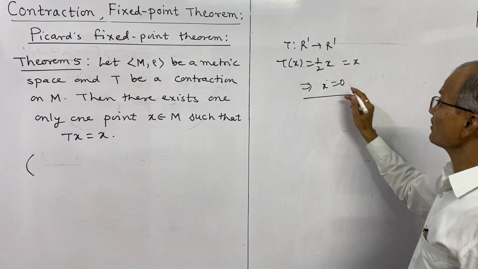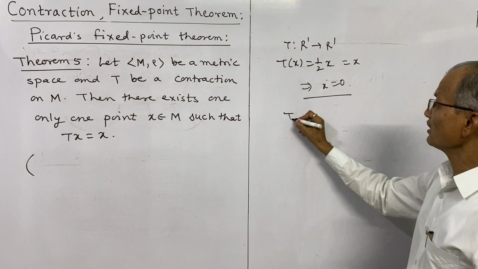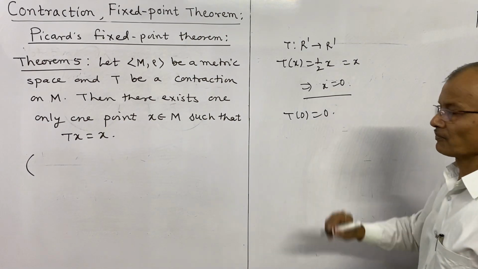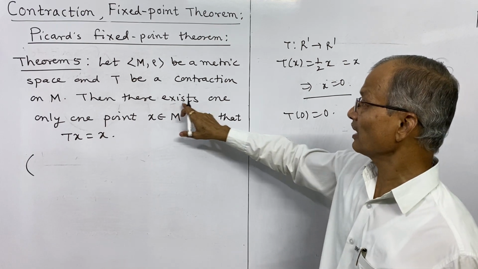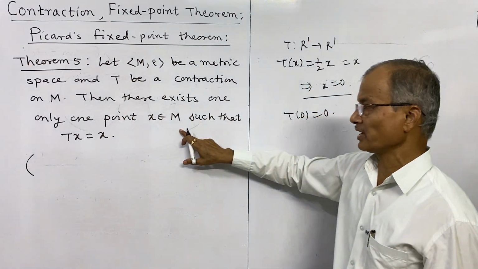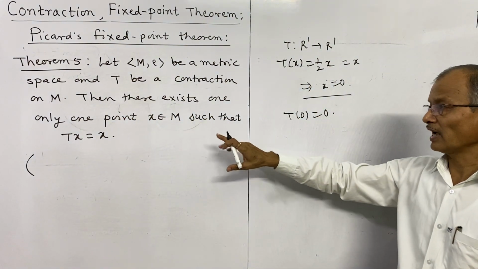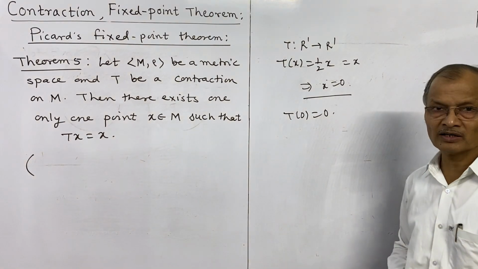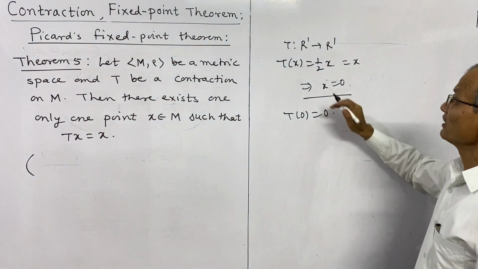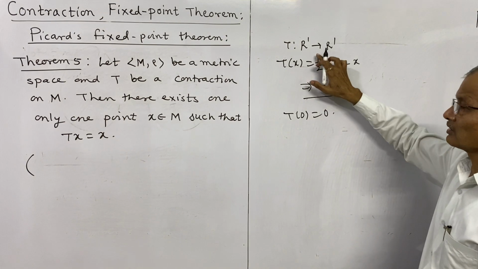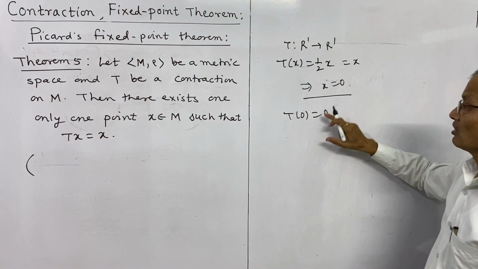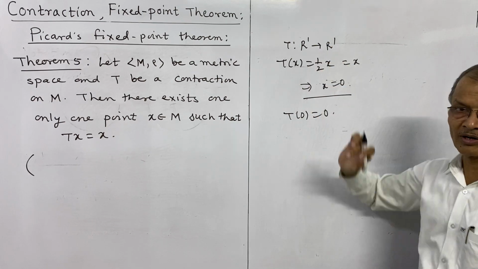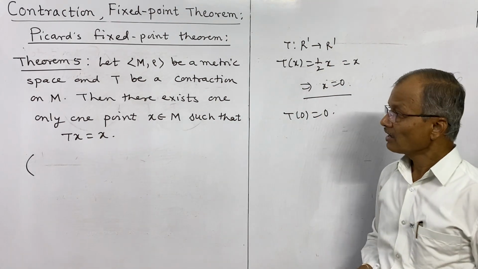So 0 is a fixed point of this because T of 0 is equal to 0, and no other element. That means there exists one and only one point x such that the T image of that point is equal to itself. And for this contraction, T image of 0 is equal to 0. Therefore 0 is the fixed point for this contraction.